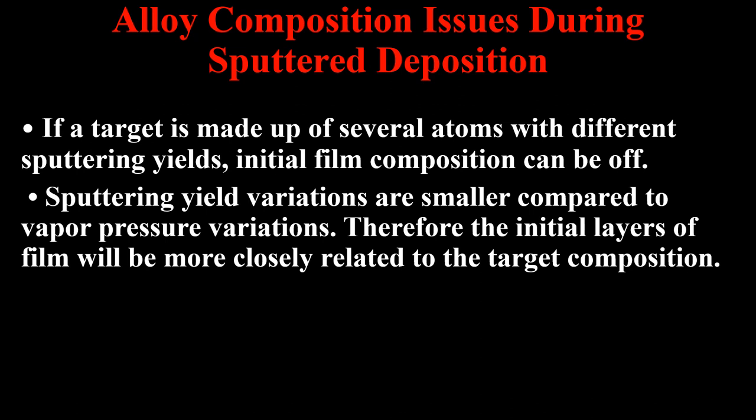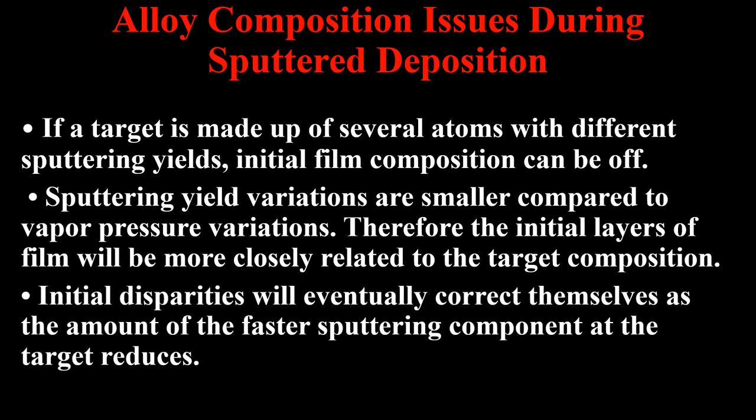Therefore, the initial layer of the film will be more closely related to the target composition. So our initial film layer will be a replica of the target rather than the result which we want to achieve.